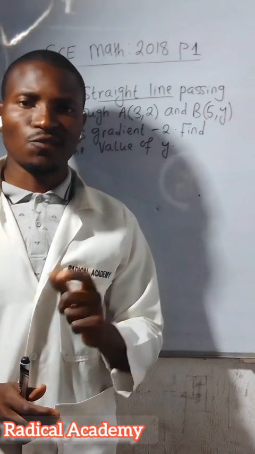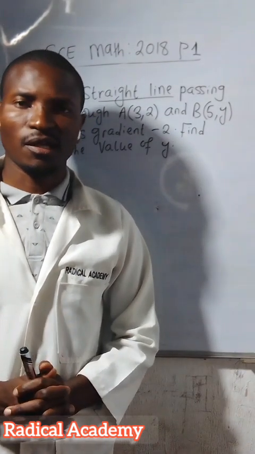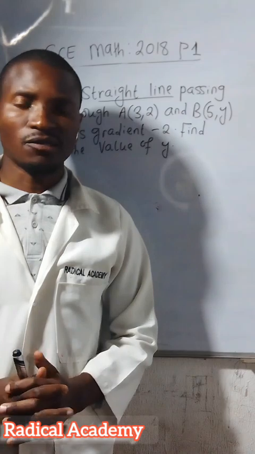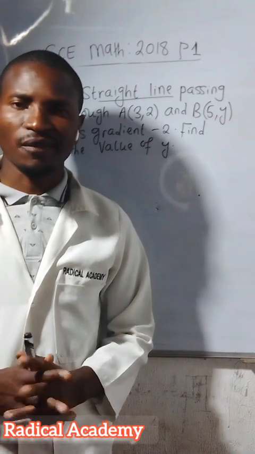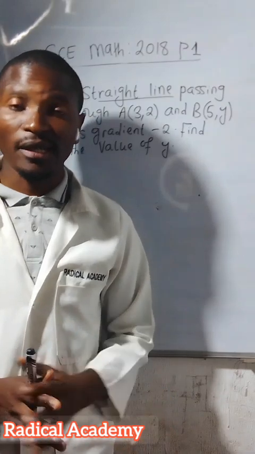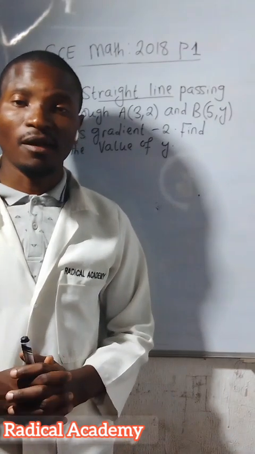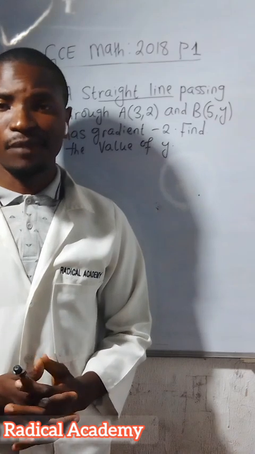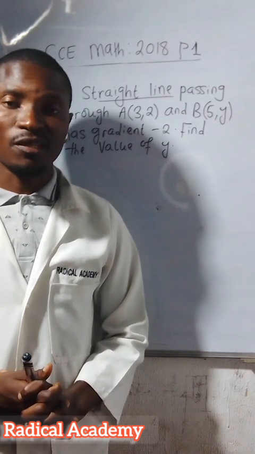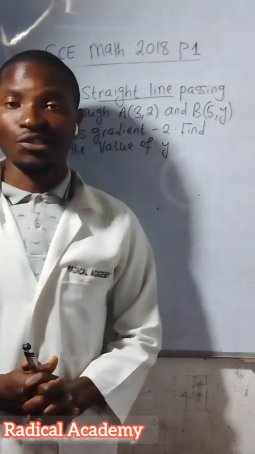In this video we are going to talk about how to find the equation of a straight line. Actually, this is about answering a question that came from the 2018 GCE Math Paper 1, question 3.